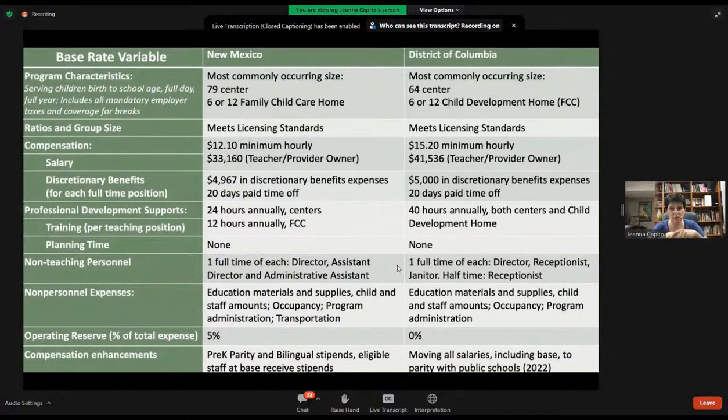In the case of the District of Columbia, this is actually their third time using a cost model to set childcare subsidy funded childcare rates, and they are using $15.20 as their base minimum hourly, which is also equivalent to the District of Columbia's minimum wage and their living wage.